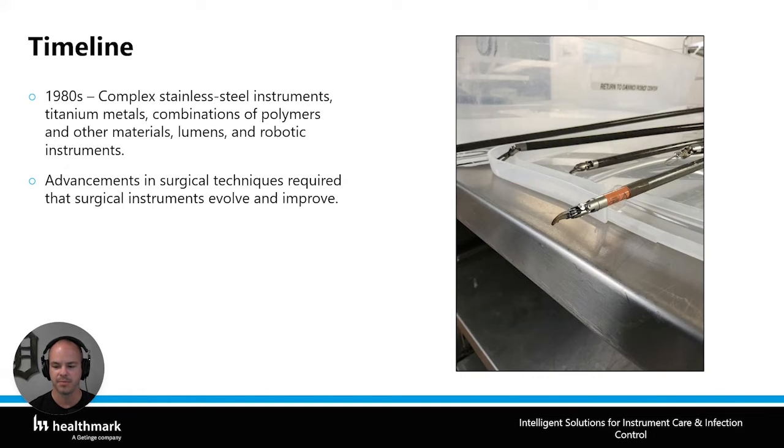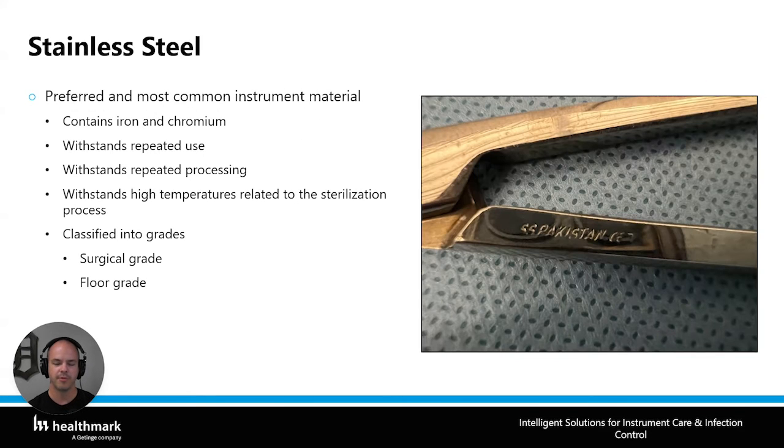But moving on, one of the things that was common in that timeline is stainless steel, especially once we hit the 1900s. This is the preferred and most common instrument material. It contains iron and chromium. It withstands repeated use and repeated processing.